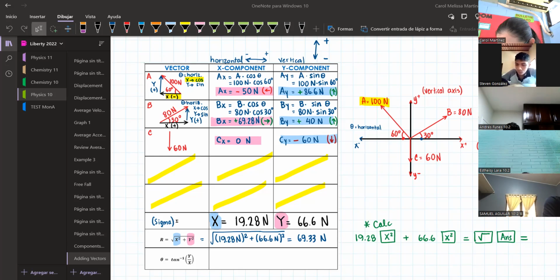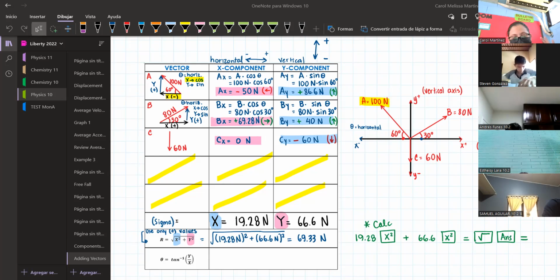When you calculate the resultant R, in the formula, use only positive numbers. Only positive values. Even if the answer gives you, for example, minus 19.28, in the formula, please put it positive. In your calculator, please put it positive.